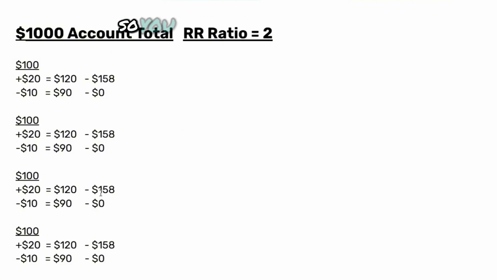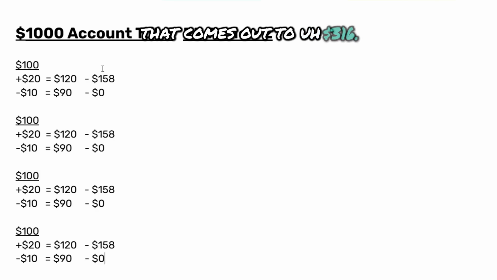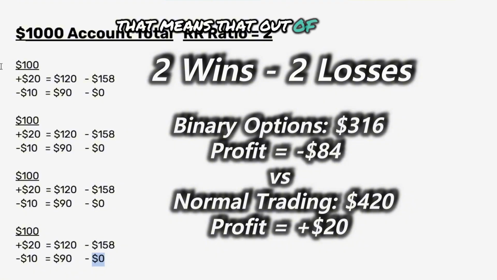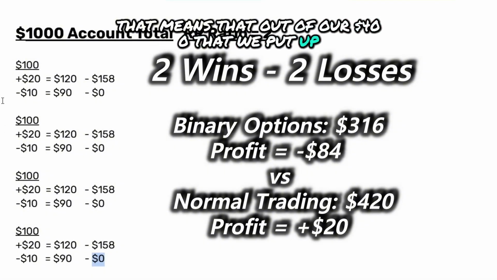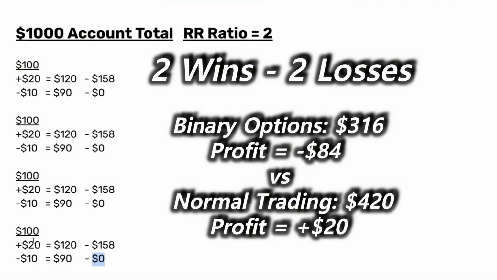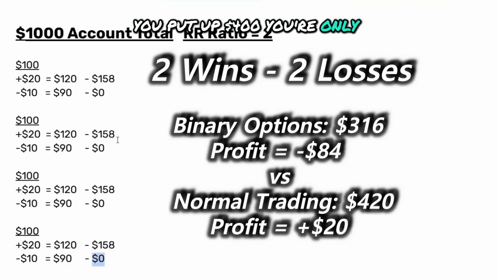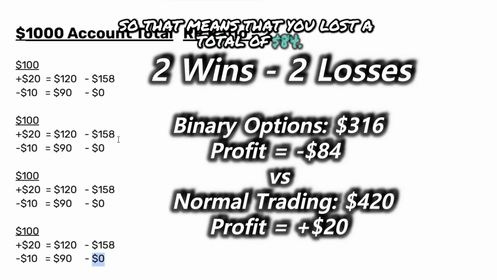So you can see that if we lost 2 trades and if we won 2 trades, if we add 158 and 158 together, that comes out to 316. And because we're not getting anything else back, out of the $400 that we put up, you see where I'm going with this? You put up $400, you're only getting 316 back. So that means that you lost a total of $84.